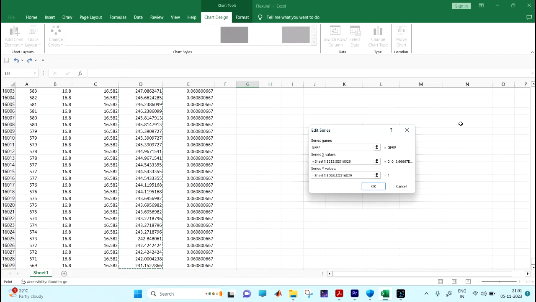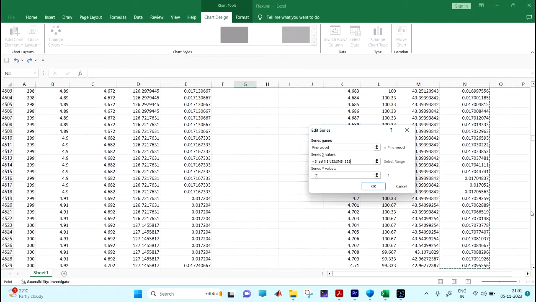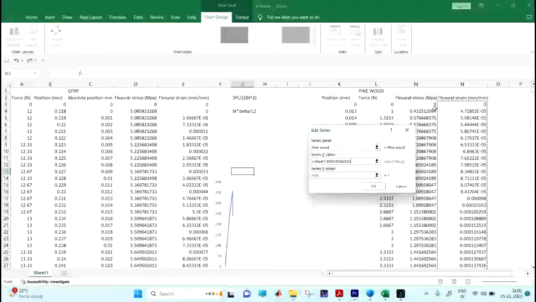X is the flexural strain, Y is the flexural stress. Then we are going to add the pine wood. We are going for the X, that is flexural strain, and Y is the flexural stress.